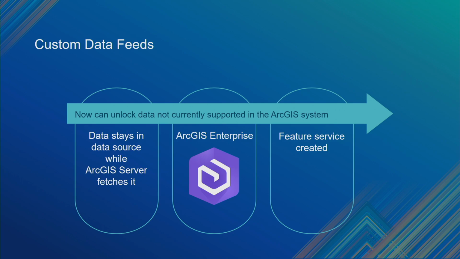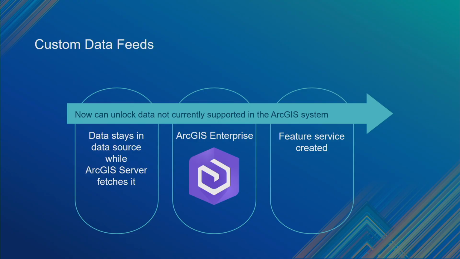So first we want to create a custom data feed provider using a custom data feed command line tool that's included in the ArcGIS Enterprise SDK. This tool allows you to write custom code, typically in JavaScript, to fetch data from your data sources and then format that into GeoJSON.